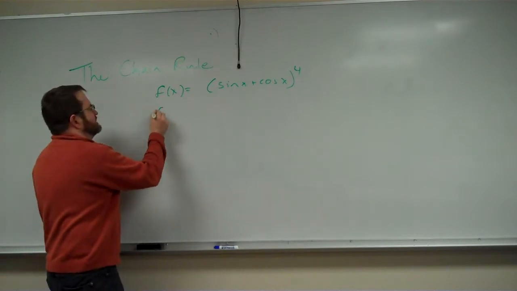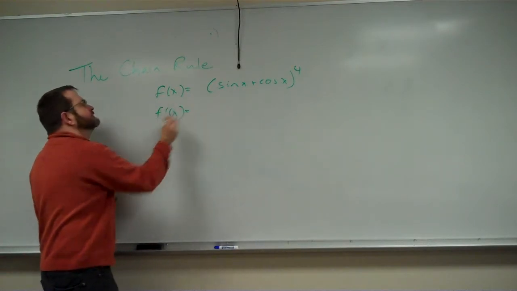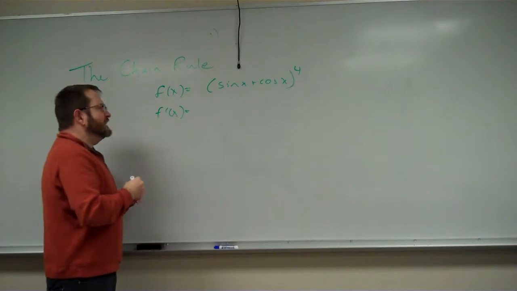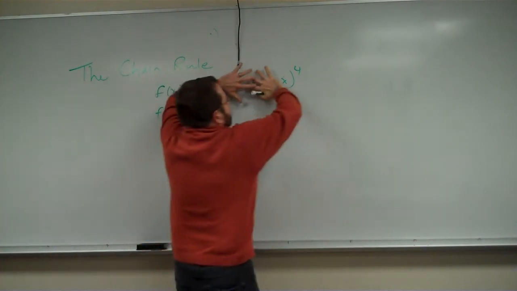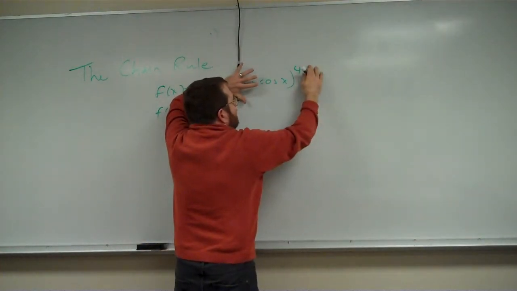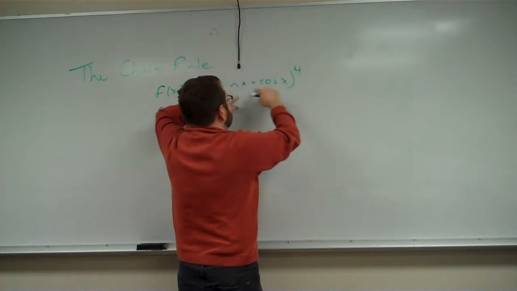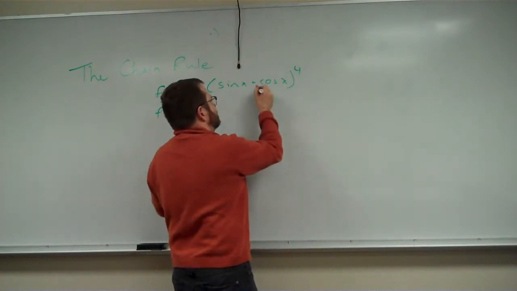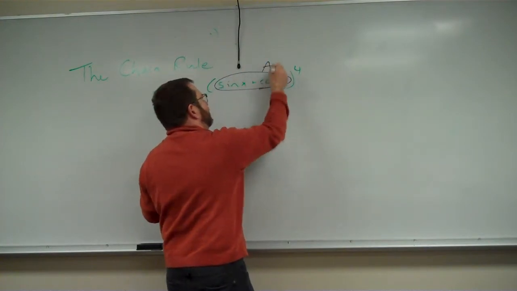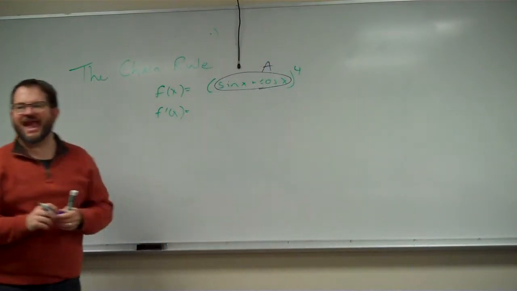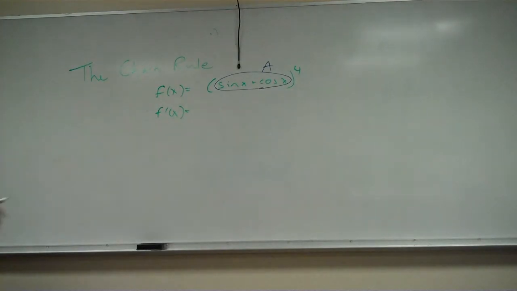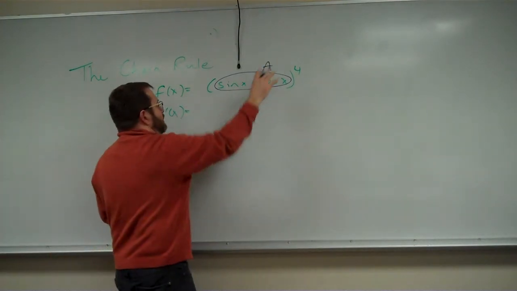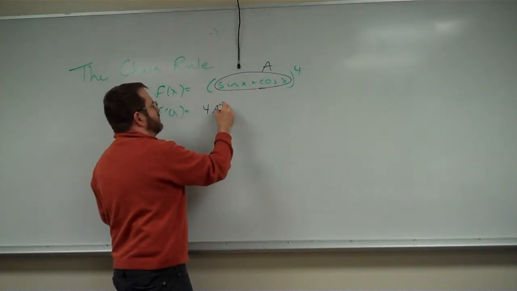So the derivative of this, I'll just write it as f prime of x. Again, we have this outer function, something that we're taking to the 4th power, and we have this inner part. And let's just treat that inner part like a chunk for right now. This thing right here, it's just a thing. I'll say a. Then the derivative of a to the 4th power is 4a cubed.